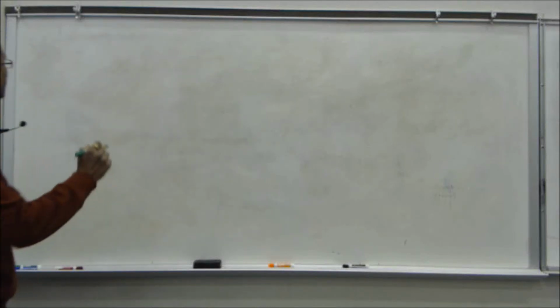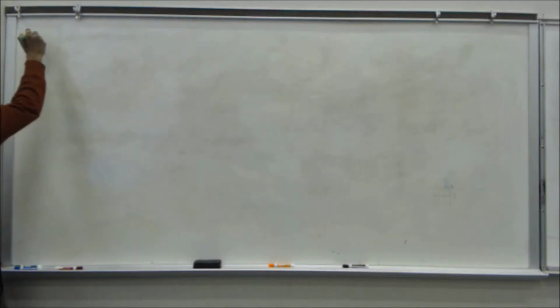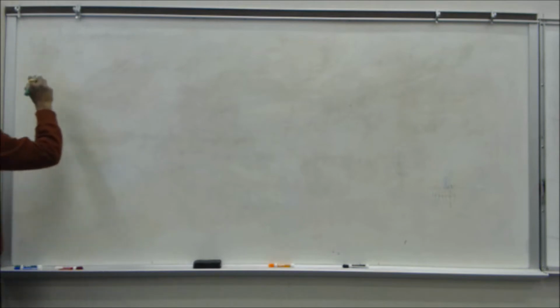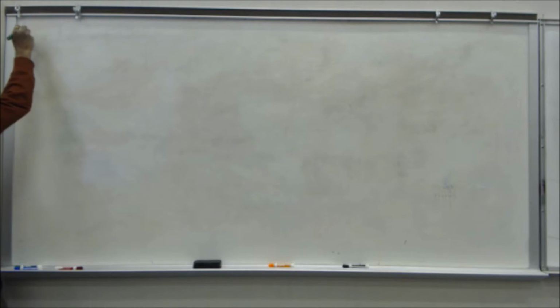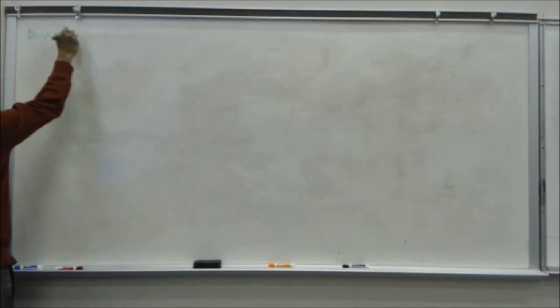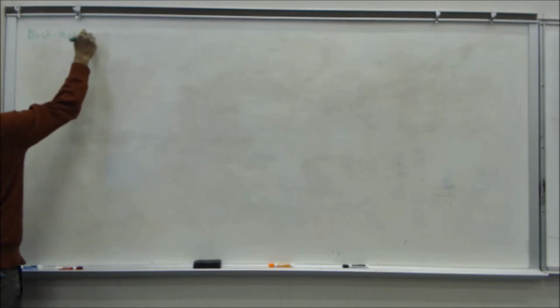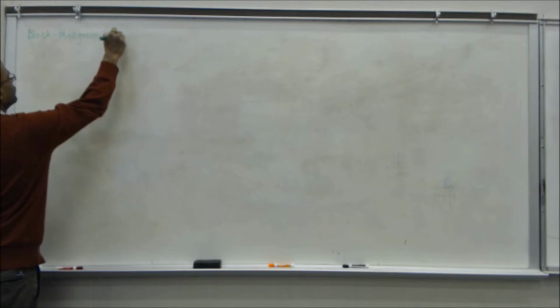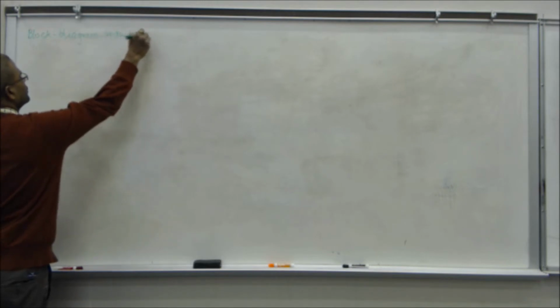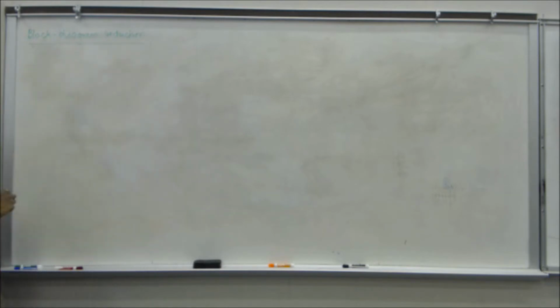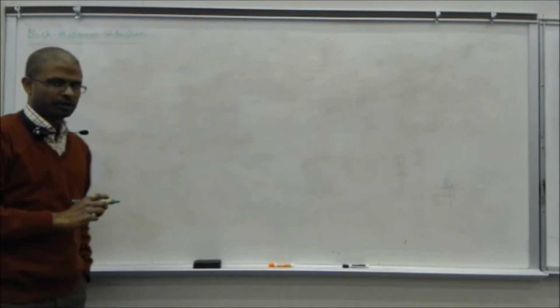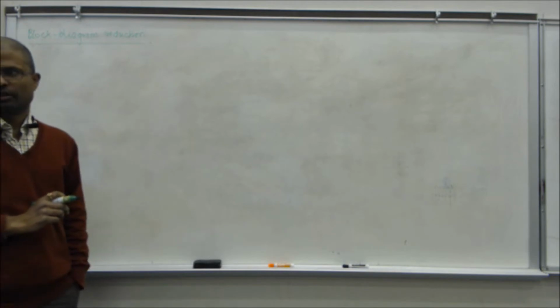All right. So last class we were discussing block diagram reduction. Okay. So we'll look at an example. We discussed three forms of block diagram reduction: the cascade, parallel, and feedback.